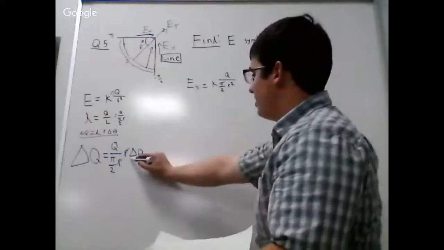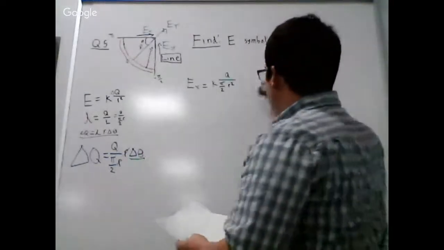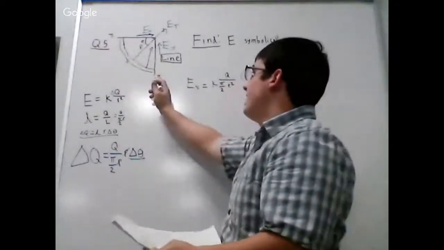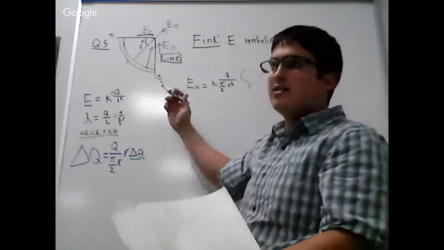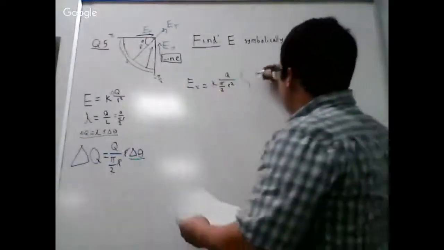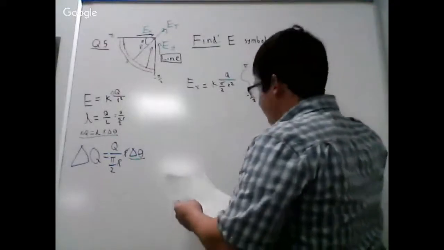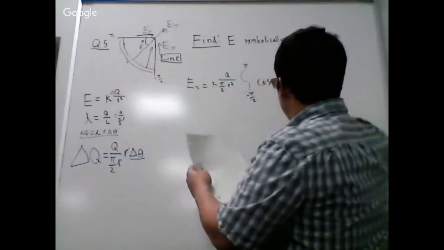And then we have our delta theta, which we'll have to integrate. I'm just going to integrate from negative pi halves to pi. You can do from 0 to pi halves or pi to 3 pi halves. It's all the same as long as the length is the same. And for the x direction, it's going to be cosine of theta.